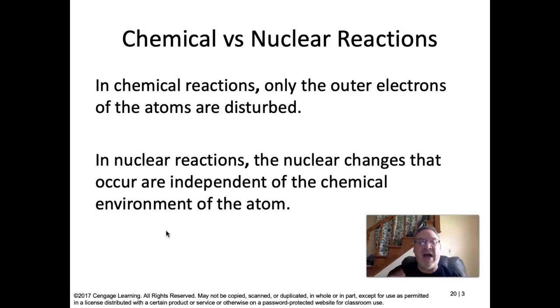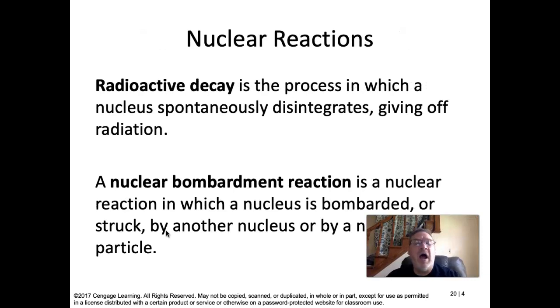Because in these nuclear reactions, we're actually going to see the formation of new elements, which doesn't occur in chemical reactions. Nuclear reactions can fall under one of two categories, and you see the two here: radioactive decay and nuclear bombardment. I'll go over quickly the distinctions between both of these.